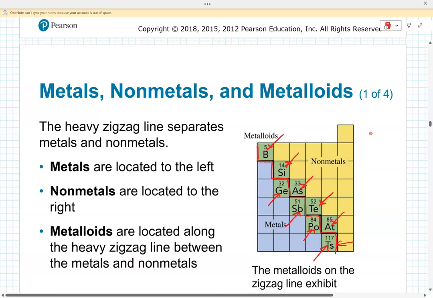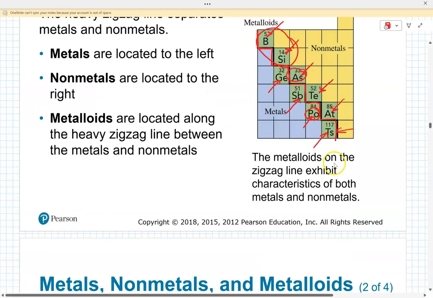In all fairness, if we start looking at actual properties, polonium is pretty much a metal, boron and silicon and arsenic are pretty much non-metals based on the properties. Everything to the left of that zigzag line is going to be metals. Good? Okay, cool.